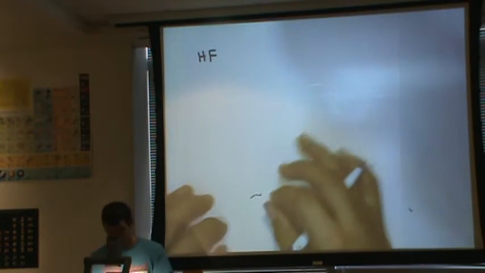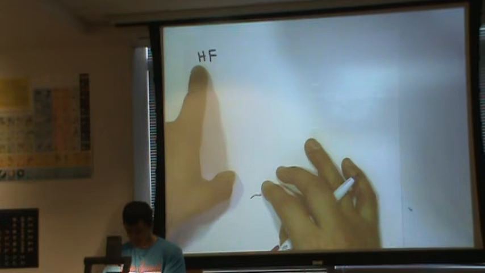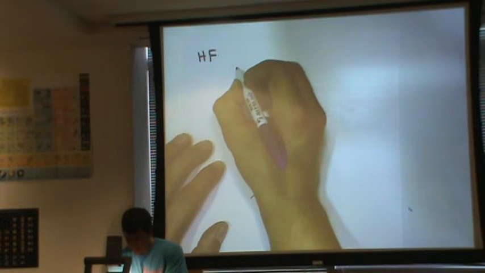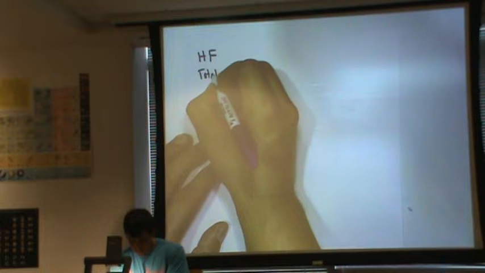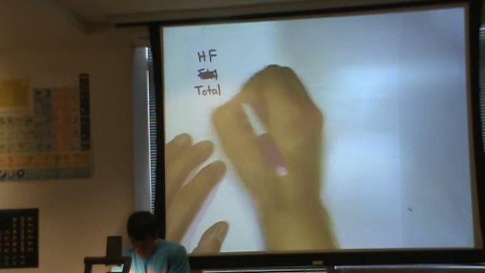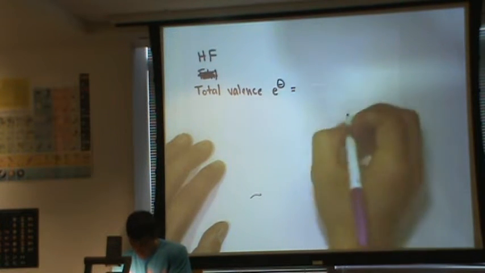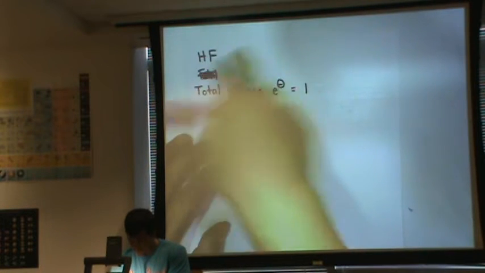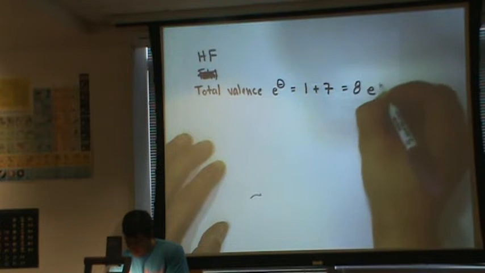The first thing I want to do is determine how many valence electrons are in hydrogen and how many there are in fluorine. Hydrogen has 1 valence electron, and fluorine has 7 because it's a halogen. So we have 8 total valence electrons to play with.